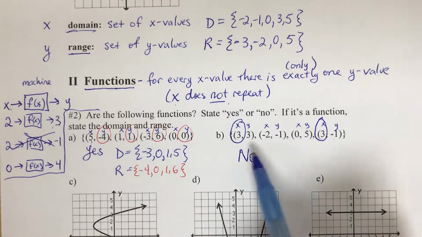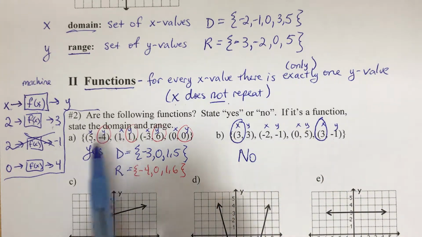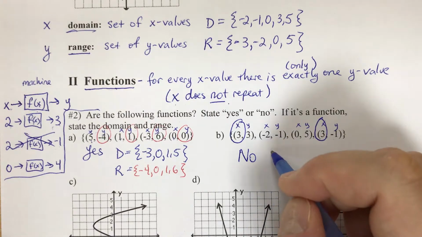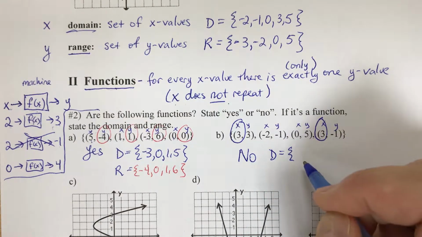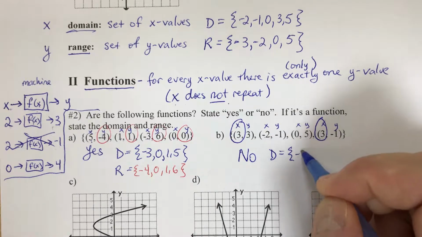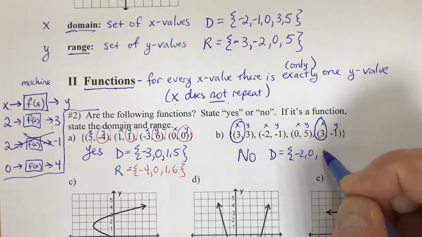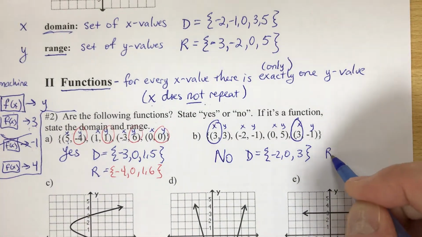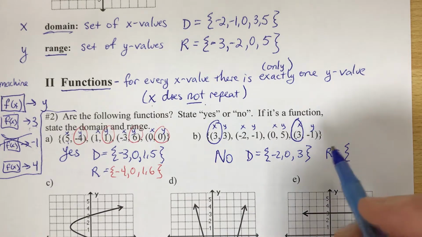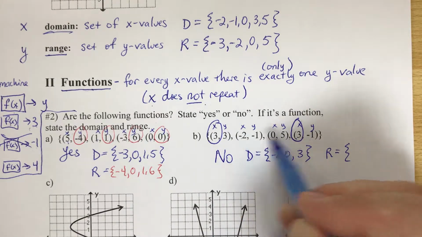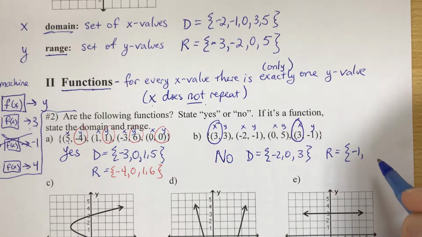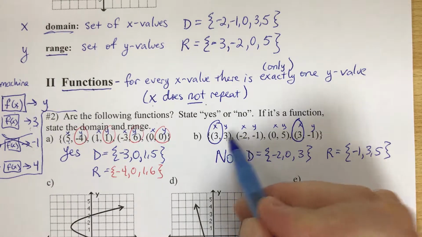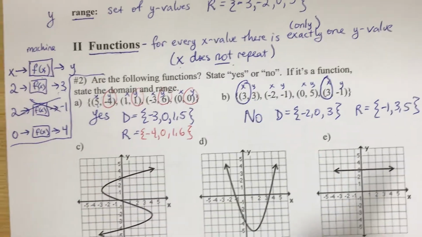Now we could still say there is a domain and range, but they only ask us to state that if it is a function. So you don't have to write this. If I wanted to, the domain would be -2, 0, and then the x's repeat, the 3's repeat. So I only write it one time. So I could still write it, but in this case, I don't really have to. You'll notice here the y's repeat. That would actually be okay. So -1 and 3 and 5, okay, for the range.